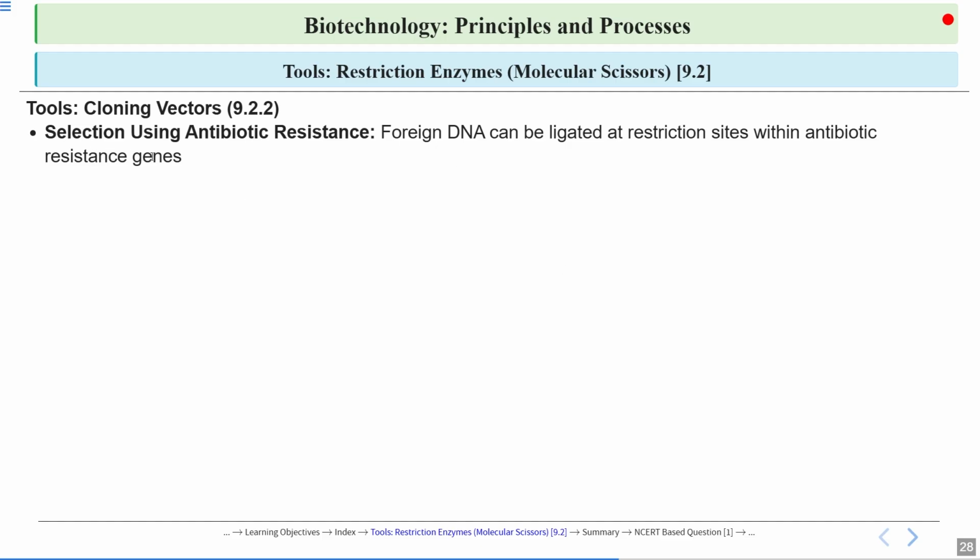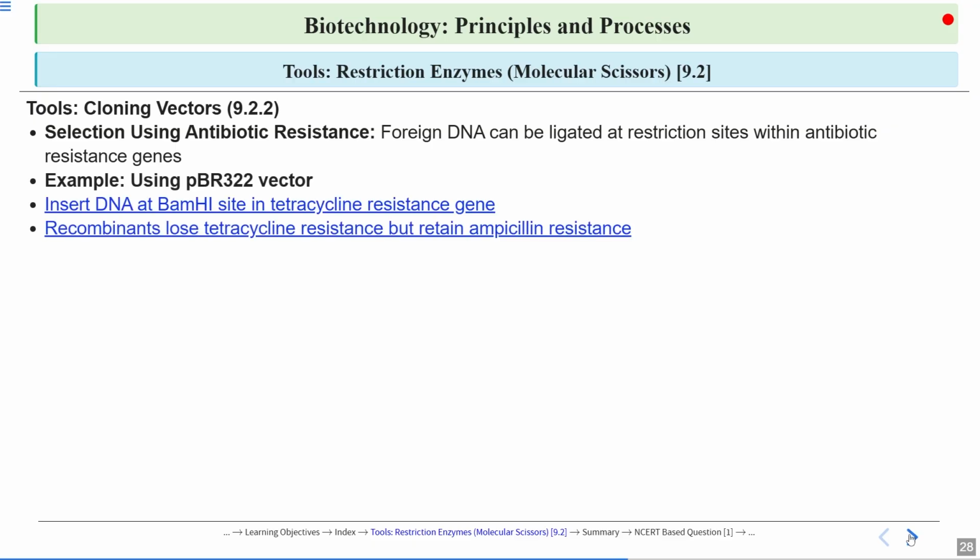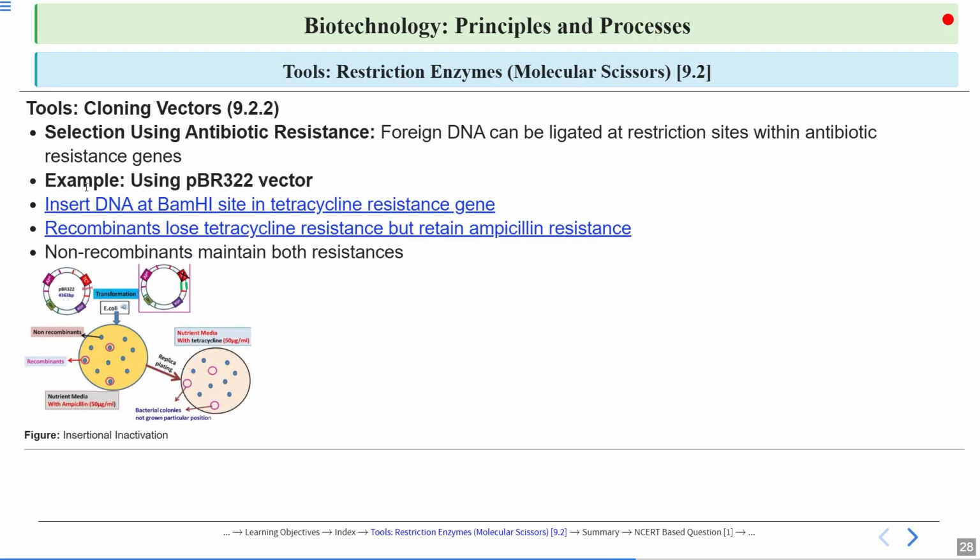Now, how do we select using antibiotic resistance? I told you that foreign DNA can be ligated at a restriction site within an antibiotic resistance gene. So understand from this figure. For example, we take our foreign DNA and ligate it to the region of tetracycline resistance.